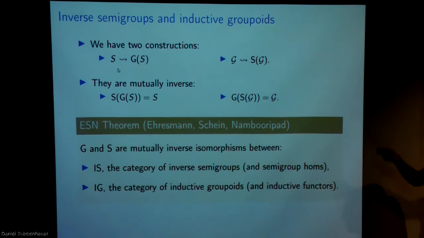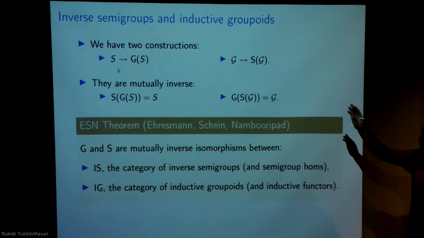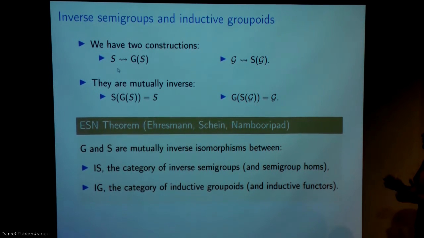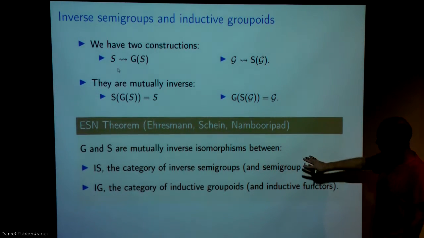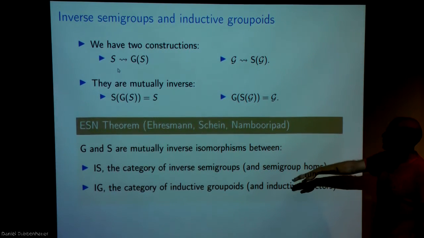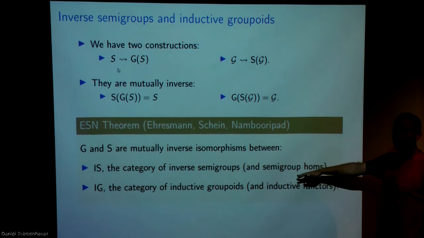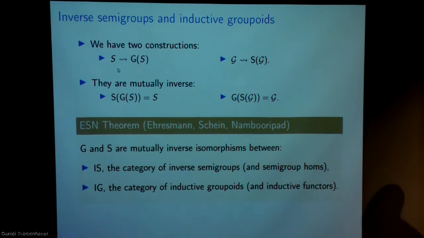And this ESN theorem says not only do the processes undo each other, but they're actually category isomorphisms. So it maps semigroup homomorphisms to functors of this groupoid, and they're inductive functors, meaning that they preserve meets on objects as well.